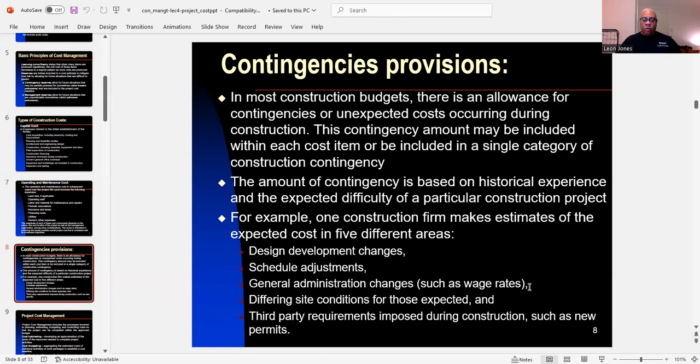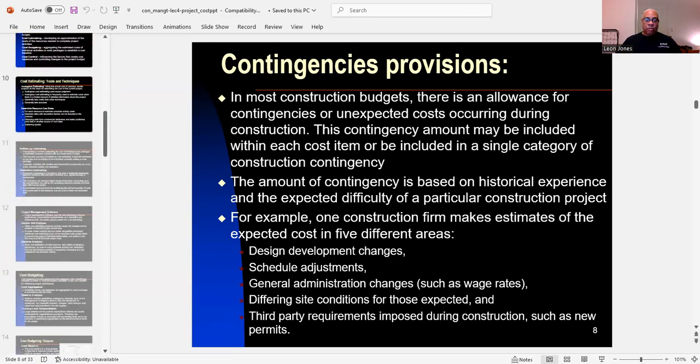Then you have differing site conditions for those expected, and third-party requirements imposed during construction, such as a new permit.